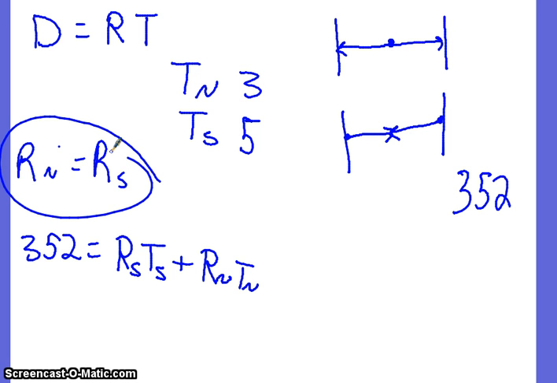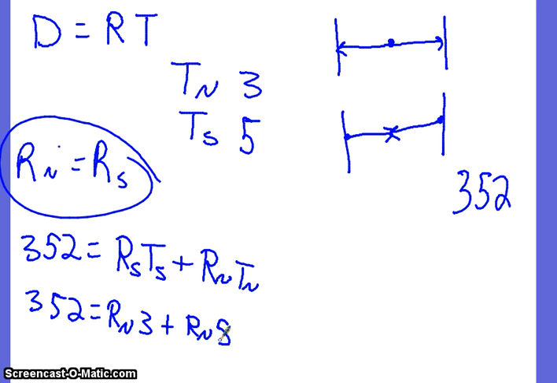So let's substitute something. What do you want to solve for? N or S? I don't care. N. Okay, so now we get 352 equals RN times 3, or 3RN, plus RN times 5.